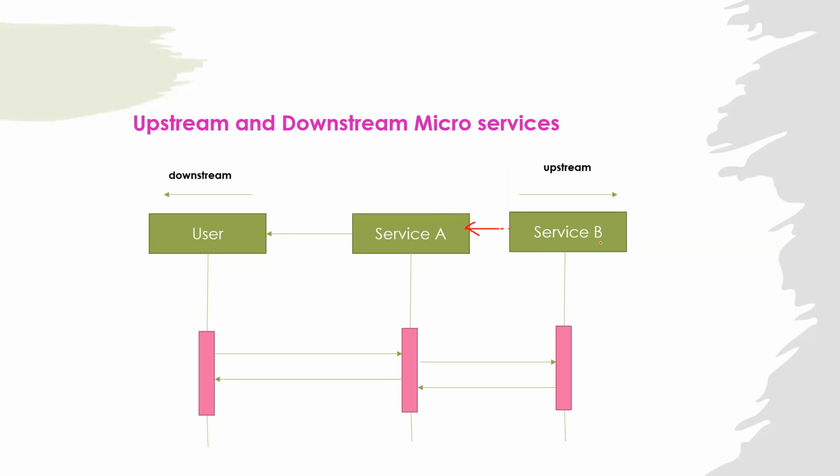Service A is the downstream service since it adds value to service B. Whatever service I'm getting from here with the feature in the response, from here I'm adding service A related stuff and then giving it to the user. That means this is downstream because it is always adding more value to the service B response.